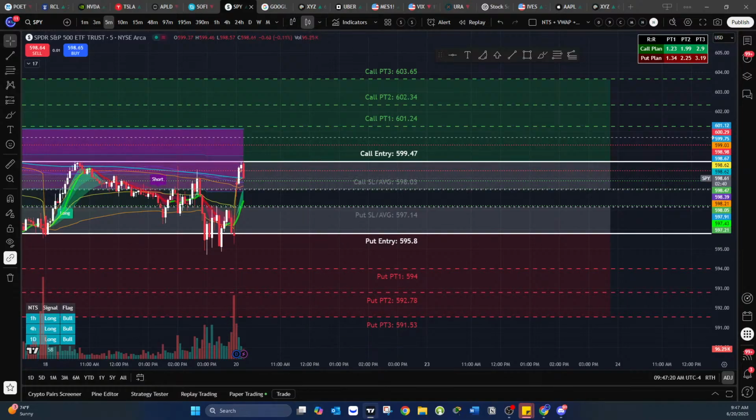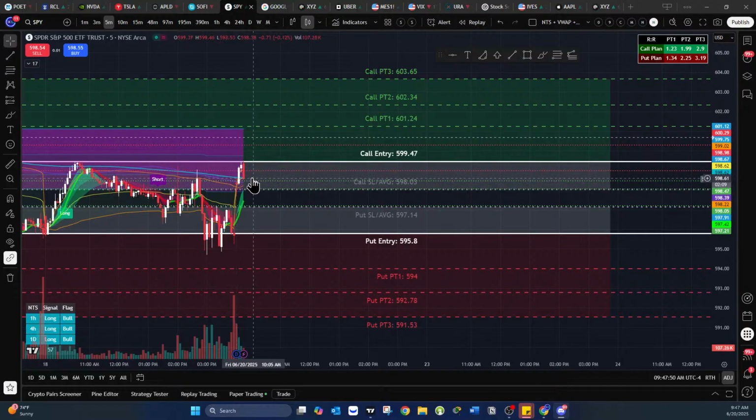If you look on the SPY plan, it says wait for a confirmed break of 599.47. So if you would have gone long on SPY calls at 599.46, because we basically almost touched it, 599.46 was the high on this candle. If you would have taken a long there, you would have been wrecked already right now. I mean, so far.